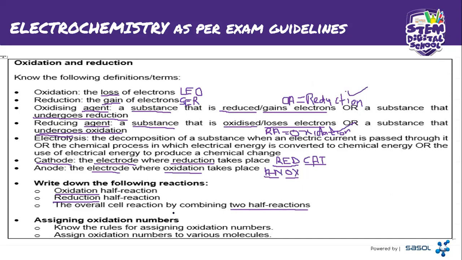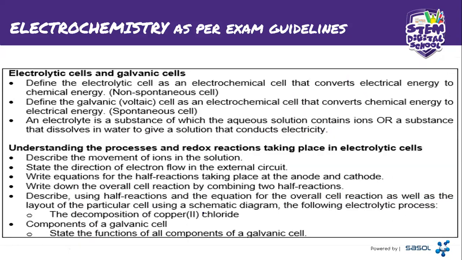But now, when we want the overall cell reaction, it means we want the entire cell reaction. So we have to combine both half reactions, which is the oxidation half reaction as well as the reduction half reaction. And we must know the rules for assigning oxidation numbers and be able to assign oxidation numbers to various molecules, various ions, and so on.